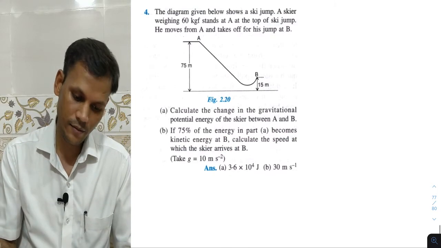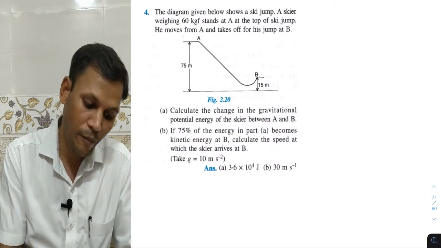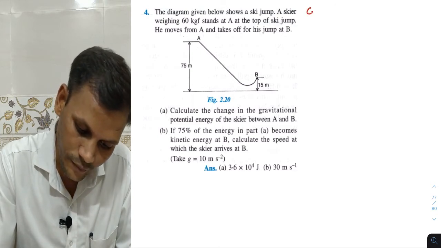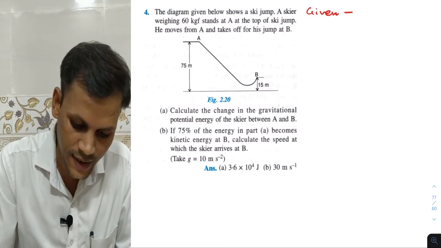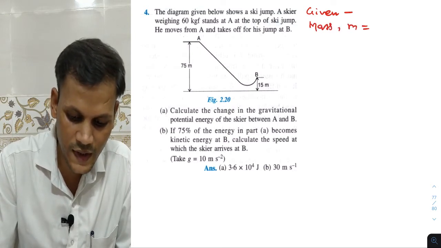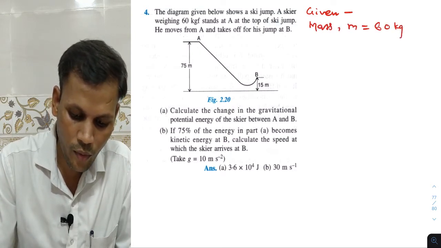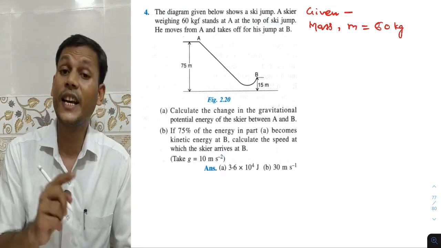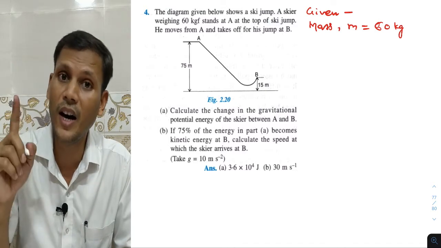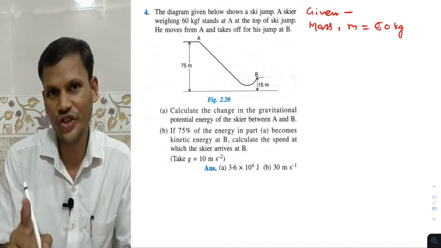So first of all, what informations are given, just we will write. Given mass m is equal to 60 kg. Weight is given 60 kgf but mass will be only 60 kg because unit of mass is kg.